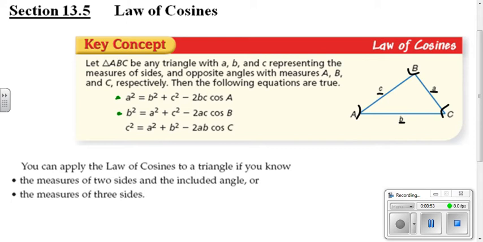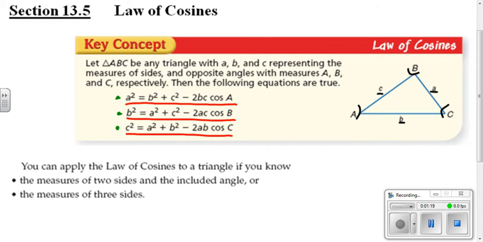Three different forms of the law of cosines. Either little a squared equals little b squared plus little c squared minus 2 times little b times little c times the cosine of A, or, I'm not going to read through the rest of them, but there are two other formats for a total of 3 different forms of the law of cosines.